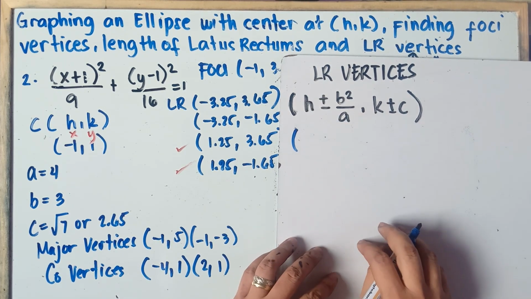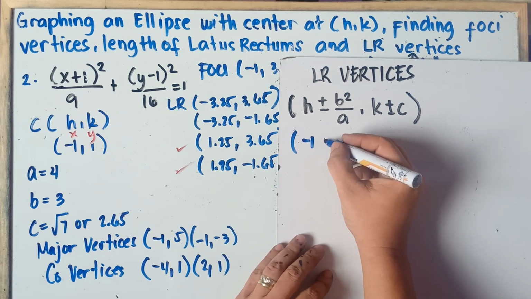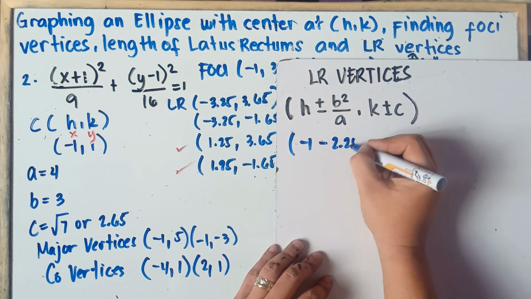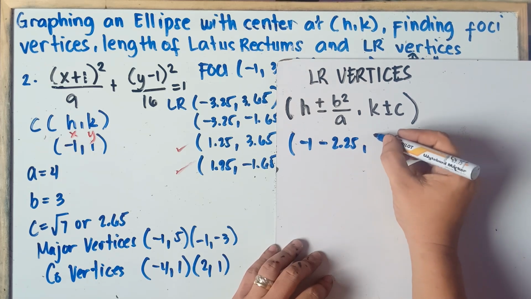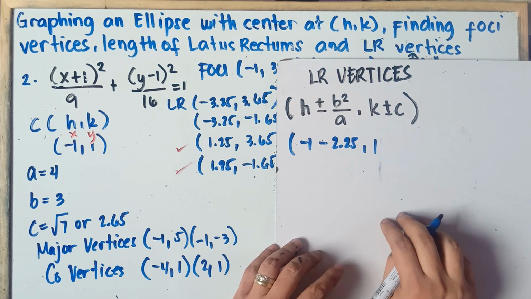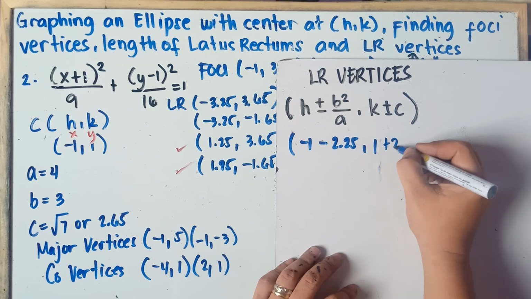So once again, our h is negative 1. And let's have negative b squared, so minus b squared over a, that would be 2.25. Comma, then our k is positive 1. Then let's have positive c, that would be 1 plus 2.65.